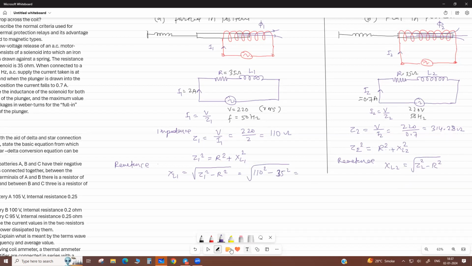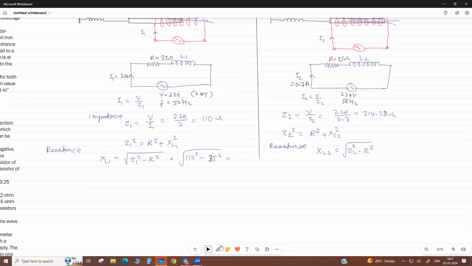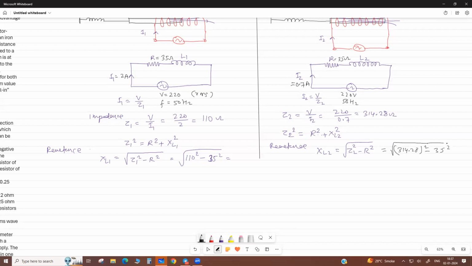And this is 314.28 whole square minus 35 square. Please, this is the square root of square minus 35 square.